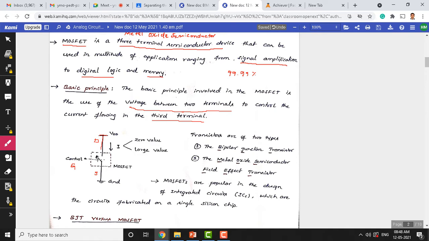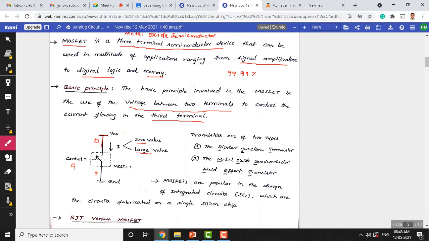That is the basic principle of operation of the MOSFET. The current flowing from supply to ground can be made zero, or we can make it a very large value. That all depends on the gate terminal. This is the basic principle used in both the BJT and the MOSFET.